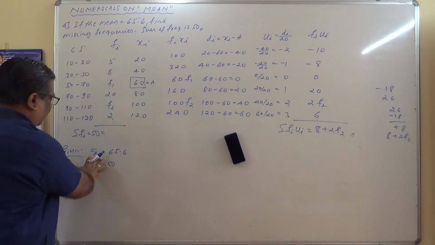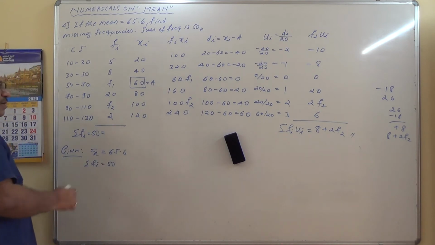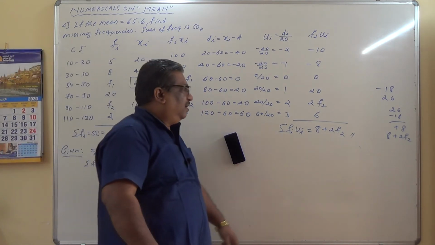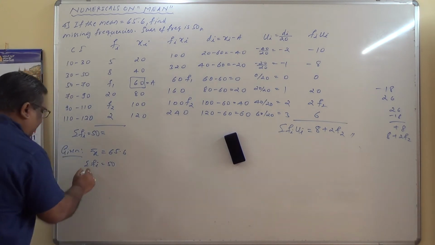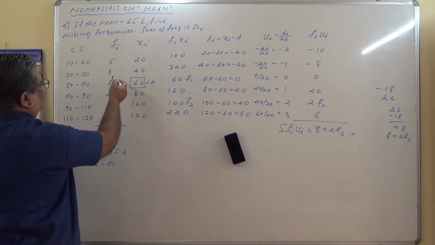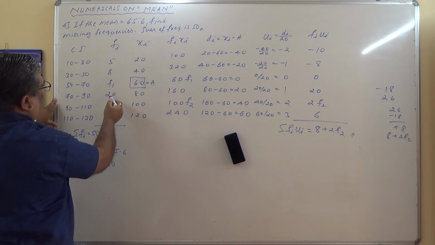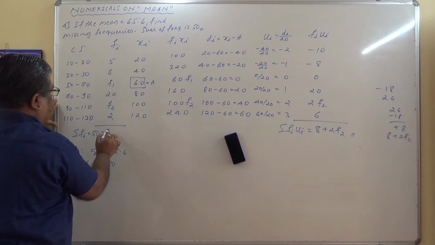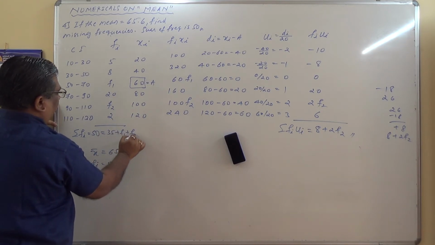All informations are available here. X bar is 65.6, sigma fi is 50. So I require two equations. Let us see how I can obtain two equations. Sigma fi is given as 50. So what is sigma fi? This also I have to do. How much this one will be? 35 plus f1 plus f2.